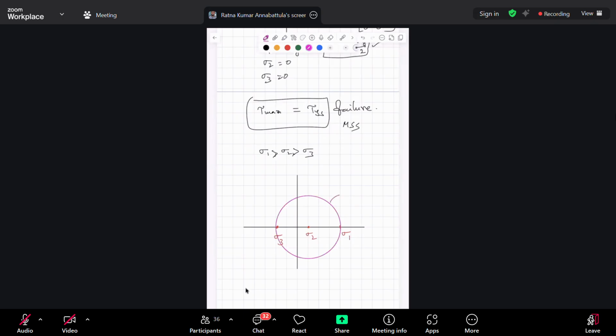This is the sigma 1, sigma 3 Mohr circle. The next Mohr circle that I would draw is between sigma 1 and sigma 2. And the next is between sigma 2 and sigma 3.